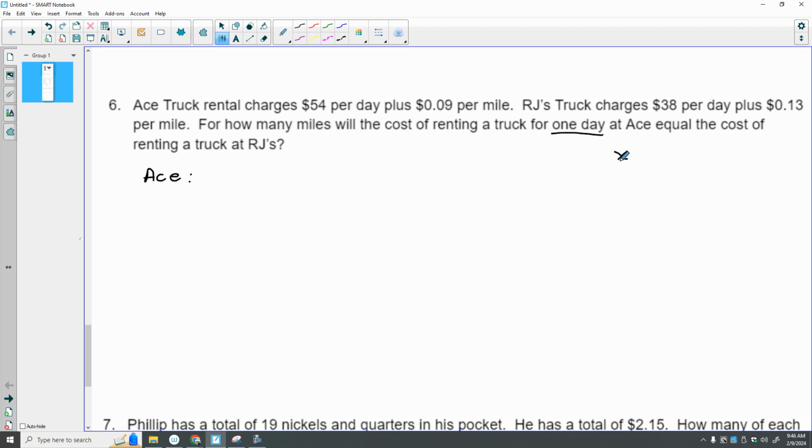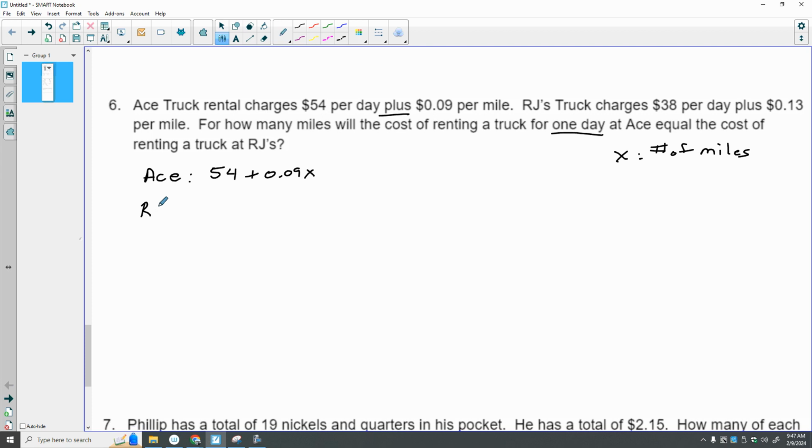So I'm going to call X the number of miles. So how much does it cost? Well, it costs somebody $54 plus 9 cents a mile, 0.09 times however many miles we drive. Okay, there's the cost of renting at Ace.